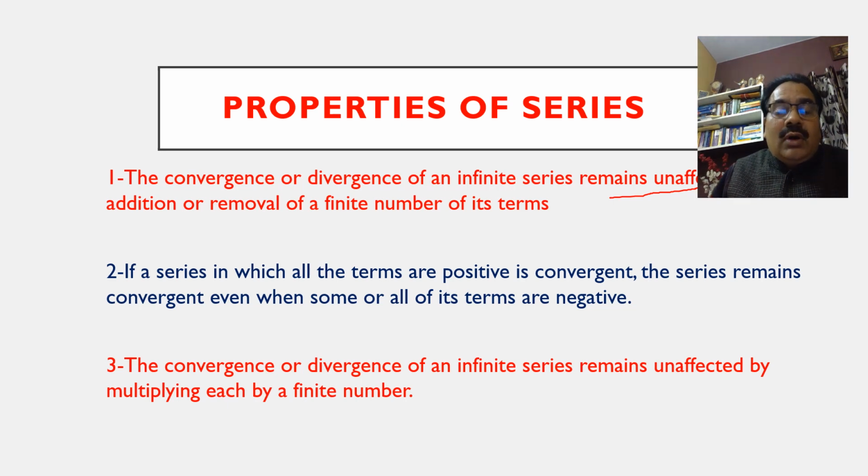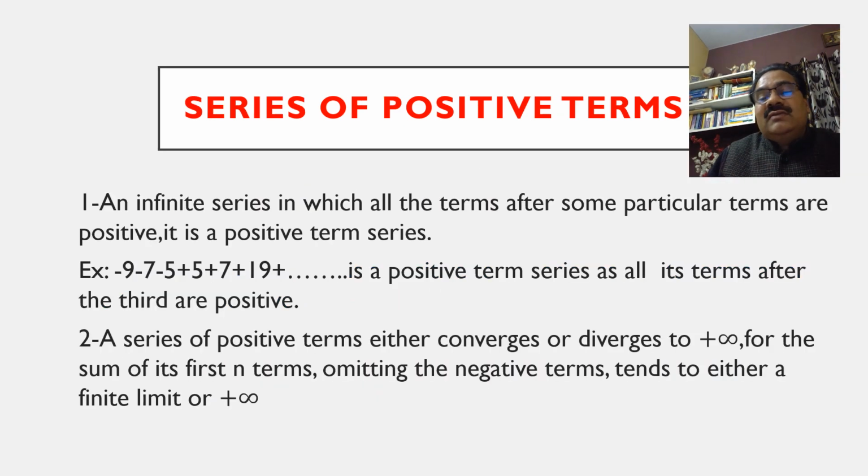Third, the convergence or divergence of an infinite series remains unaffected when multiplying each term by a finite number. If you multiply by a finite number, the nature of the series will not change.